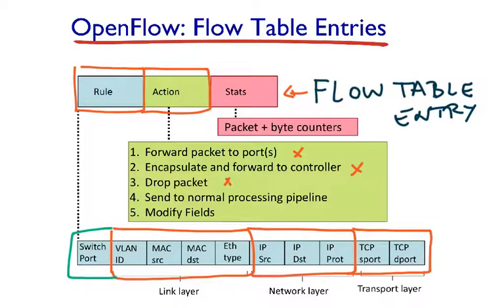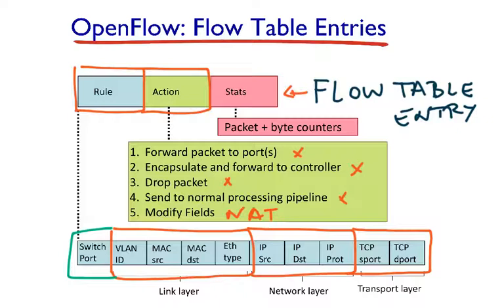Drop the packet, for example by using a kind of firewall, or send it to the normal processing pipeline, because there could be several different tables inside a flow node. And modify the fields. For example, in the case of NAT, we can modify the IP addresses and the ports.